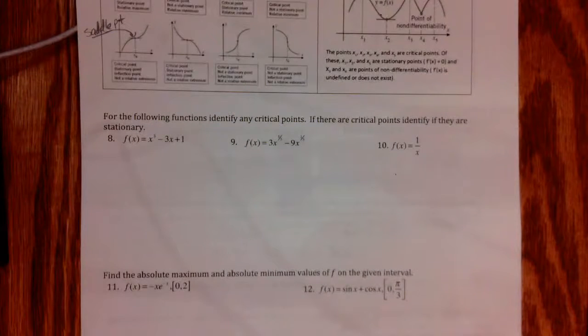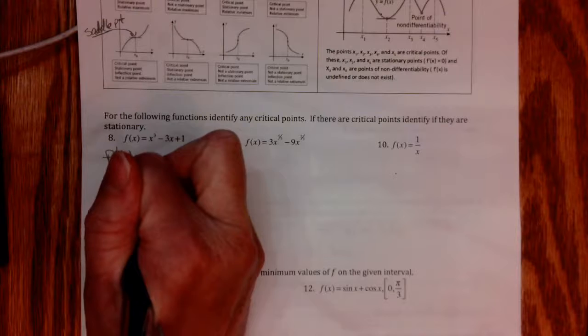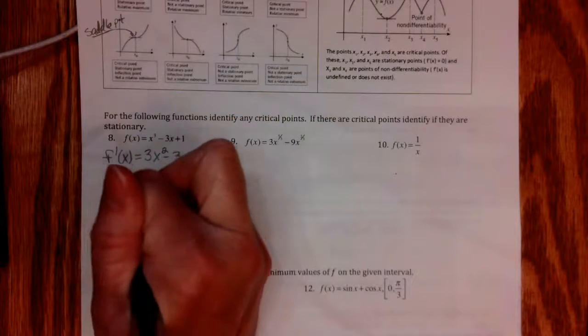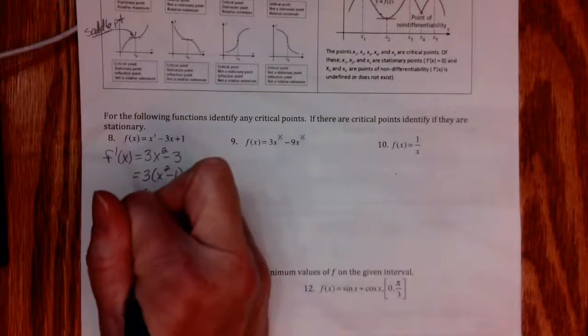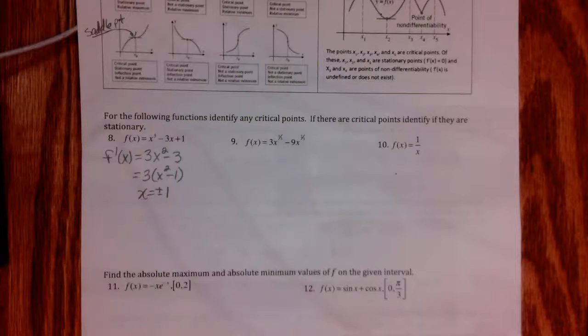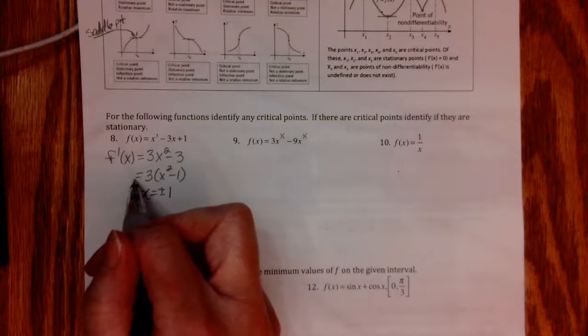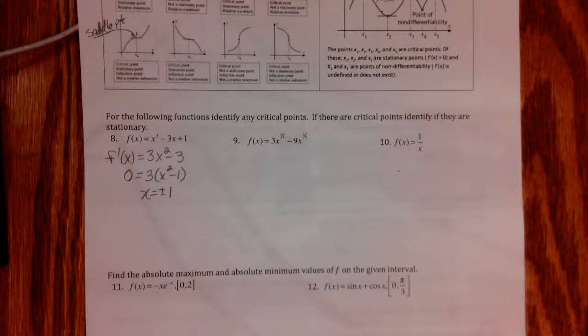What we're going to do now is work with some functions where we're going to find the critical values. To find critical values, it's all about slope. I take the derivative. In this case, I have 3x squared minus 3. Doing some factoring, 3 times x squared minus 1. The values where it's critical are at positive and negative 1. Well, what type are they? Since they did indeed make the derivative equal to 0, then the type of critical point that I have is a stationary point.